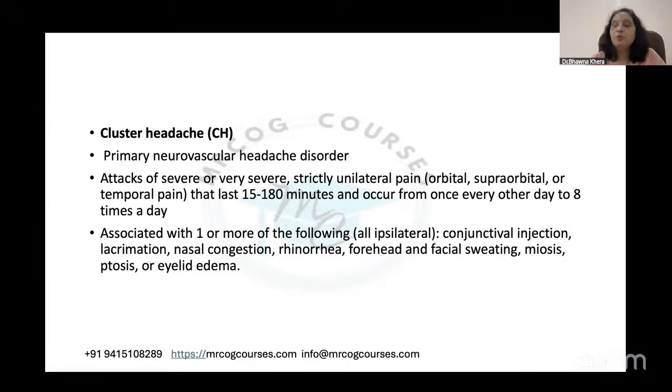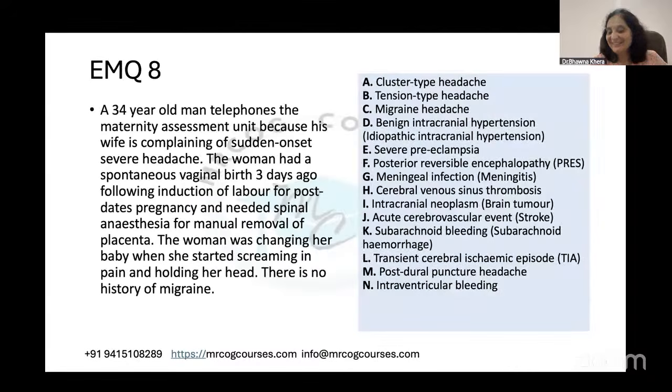Associated with one or more of the following, all ipsilateral, one side, right? That is present here: conjunctival injection, lacrimation, nasal congestion, rhinorrhea, forehead and facial sweating, miosis, ptosis, and eyelid edema. So cluster headache is the correct answer.